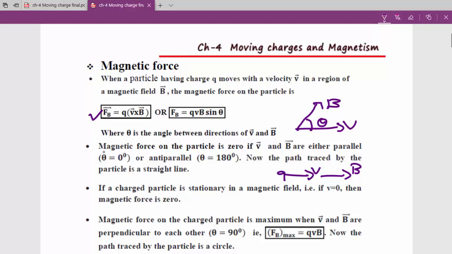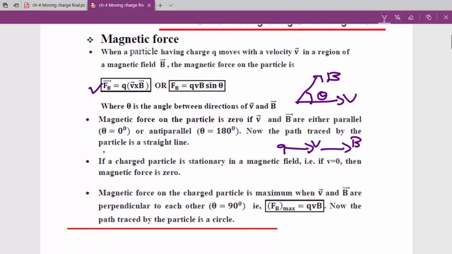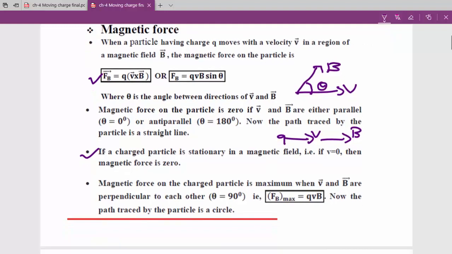Next, if the charged particle is at rest, the magnetic force is again 0, because v is 0. v 0 means automatically magnetic force is also 0. And next, the magnetic force on the charged particle is maximum when v and B are perpendicular.